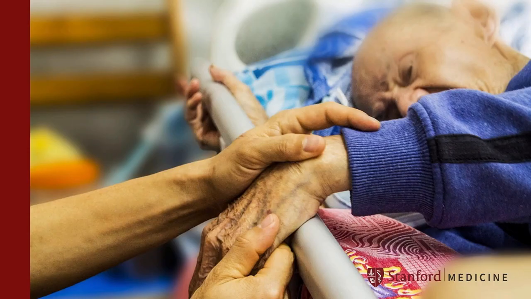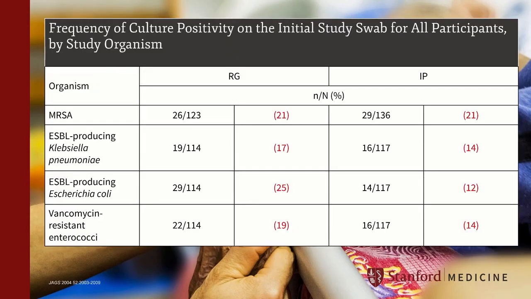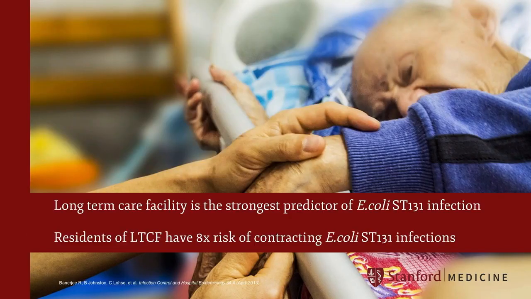Resistant organisms are common in long-term care facilities. In one long-term care facility, 14 to 25% of residents were colonized with methicillin-resistant Staphylococcus aureus, ESBL-producing Klebsiella, ESBL-producing E. coli, or vancomycin-resistant Enterococci.